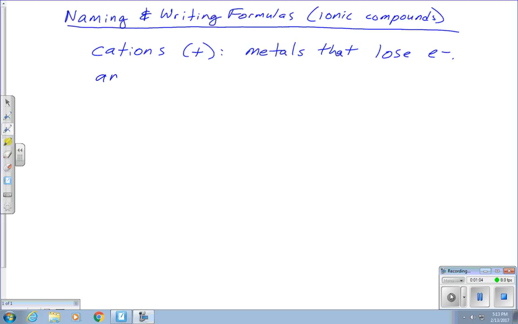And then anions are the negative ones, and those are nonmetals that gain electrons. Again, their highest occupied energy level is close to being full, so it's easy for them to gain electrons and become negative so that their electron configuration looks like one of the noble gases.